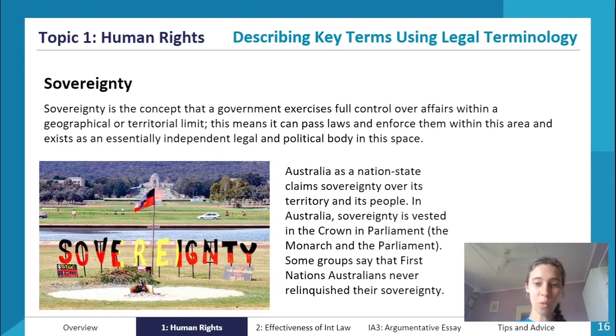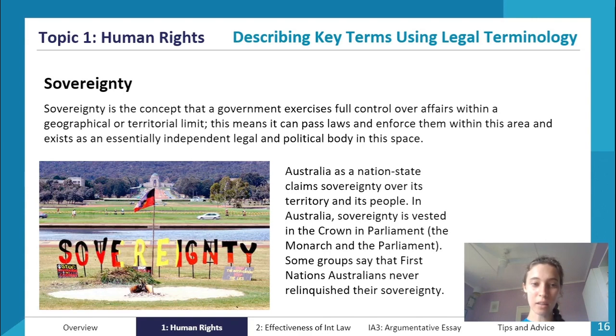Sovereignty, and this is quite relevant with the referendum that we'll be having later this year in Australia. So, sovereignty is the concept that a government exercises full control over the affairs within a geographical or territorial limit. So, for example, just the country of Australia, that's that geographical or territorial limit of what constitutes Australia.